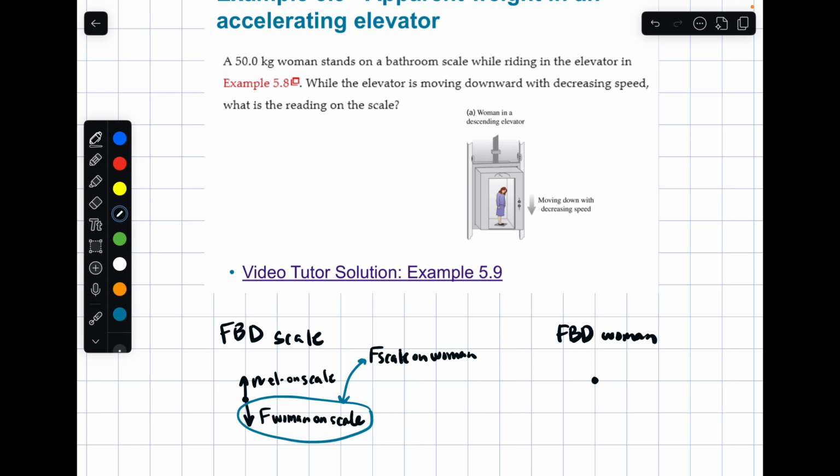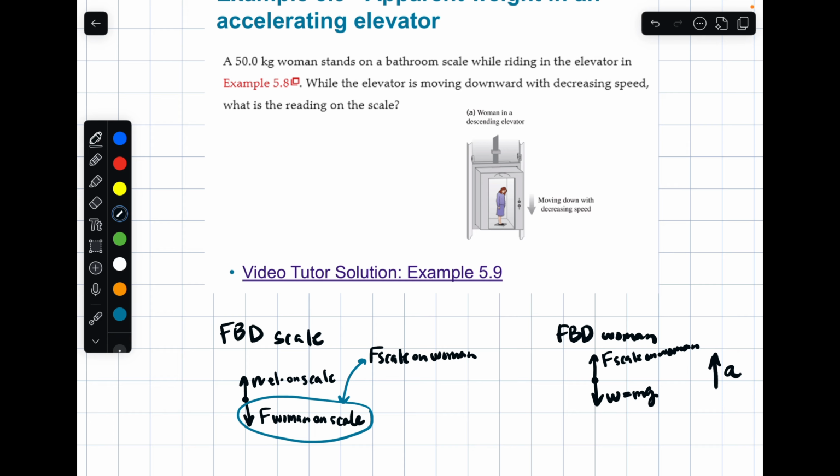So the woman weighs some amount mg, and she's going to feel a normal force of the scale, so the force of the scale on the woman. And they're moving downward with decreasing speed, which means they are experiencing an upward acceleration.